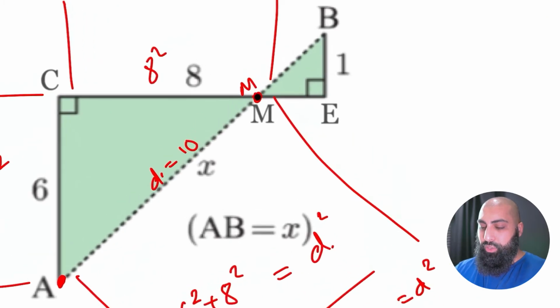Because these two triangles share this angle here, which is vertically opposite, this angle and this angle are the same, and they both have a right angle. So if this angle is the same as this angle and it has a right angle, then because a triangle has 180 degrees, the final angle at B and A is also going to be the same.